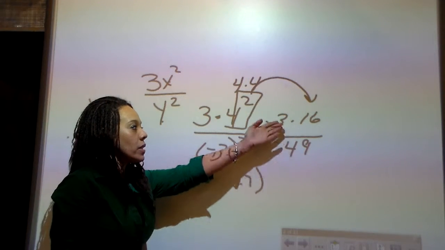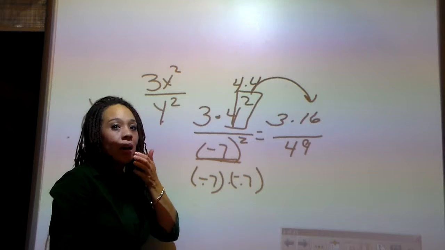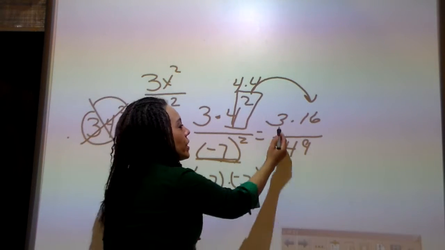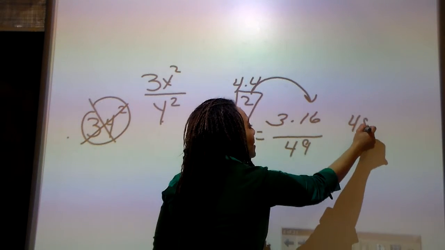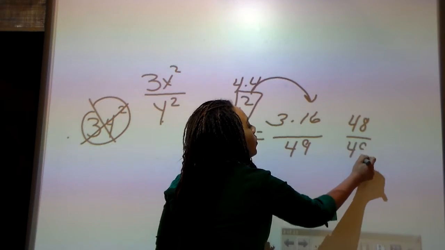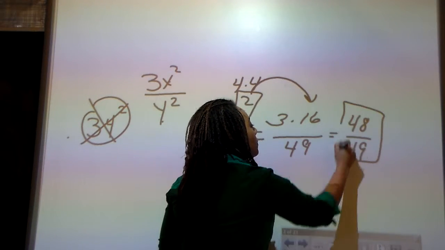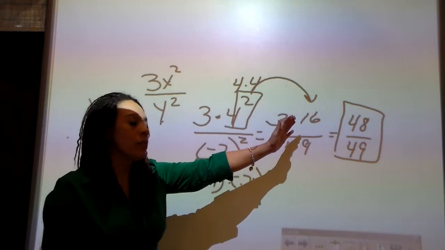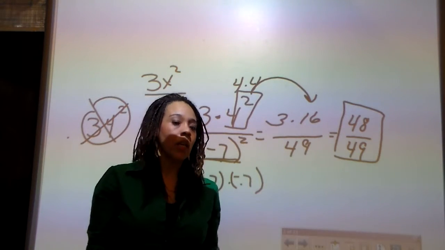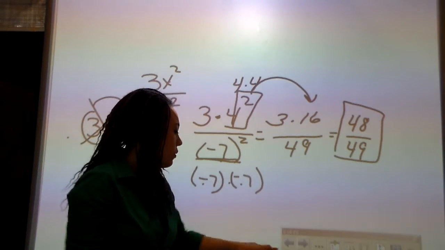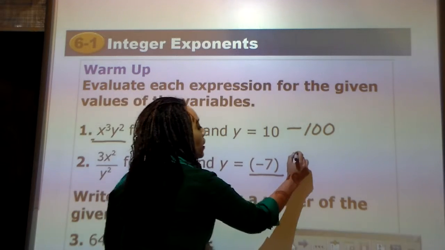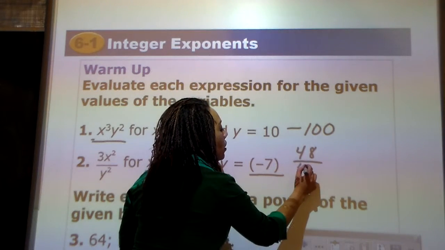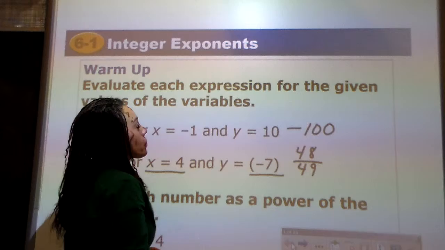My last step here looks like I just have to simplify 3 times 16. Well, 3 times 16, that's 48 over what we already had was 49. Looks to me that 48 over 49 is already written in simplest terms, and that would be your final answer. So I will put here 48 over 49.